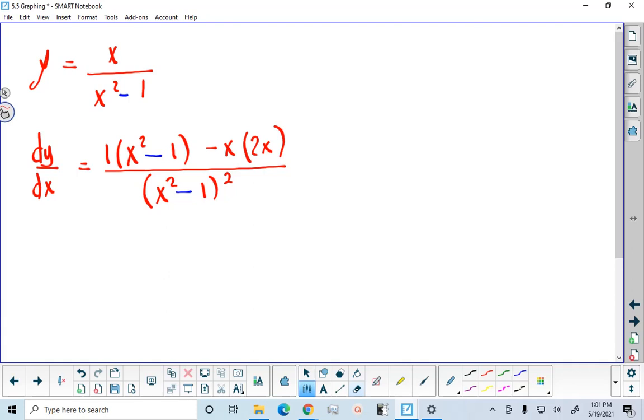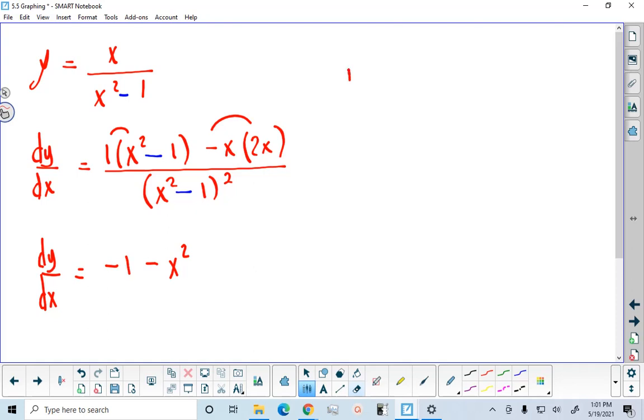So our derivative becomes dy/dx is equal to, I have x squared minus 2x squared, which is negative x squared, and then I have negative 1.